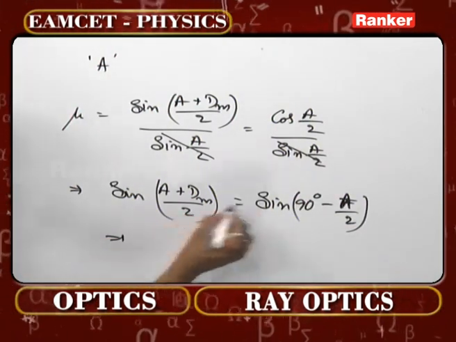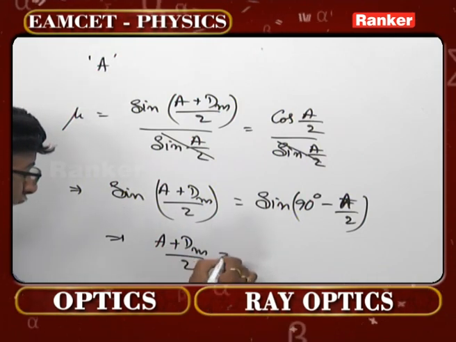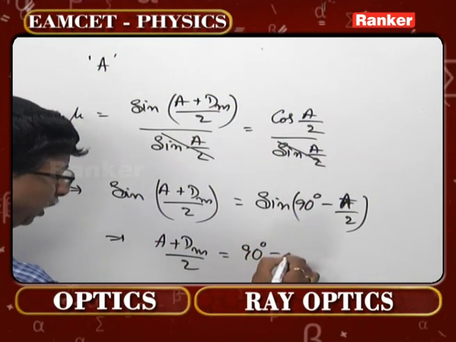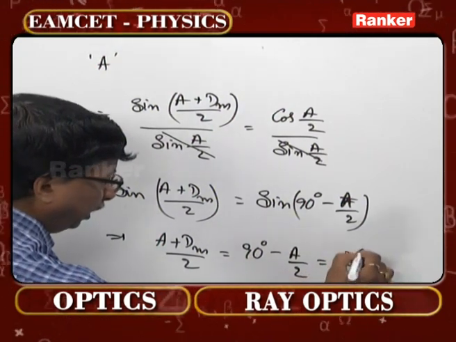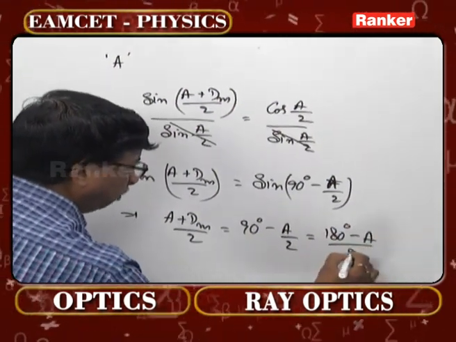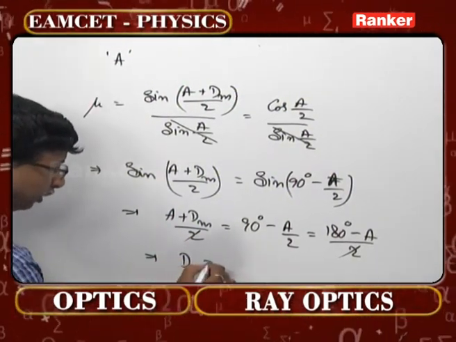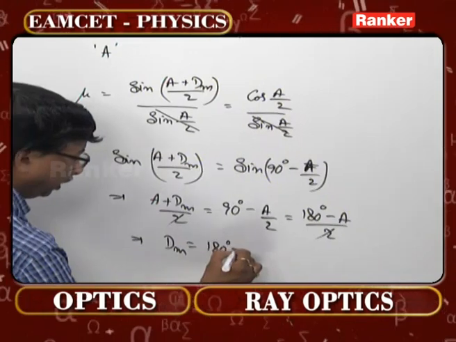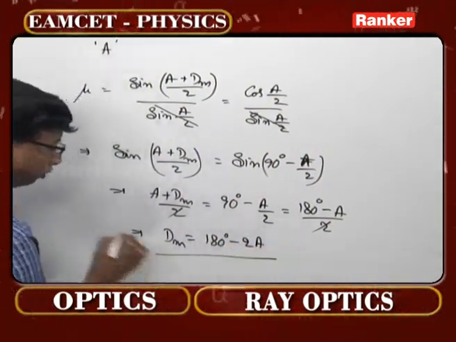Now, can't you just equate these two? (A plus dm)/2 is equal to 90 minus A/2. That in other words you can write 180 minus A/2. This 2 gets cancelled. What is dm is the question. 180 minus, right, A minus A, that is 2A. That is actually the formula.